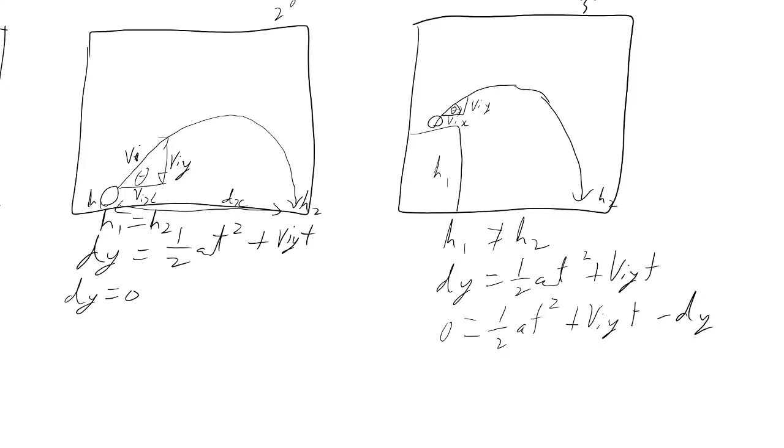So now here we have 3 terms, and traditionally it's like 0 equals x squared plus 2x plus 1, where our variable x is going to be t in this case. And now you can see the similarities. dy is the constant, and the first term is the t squared.